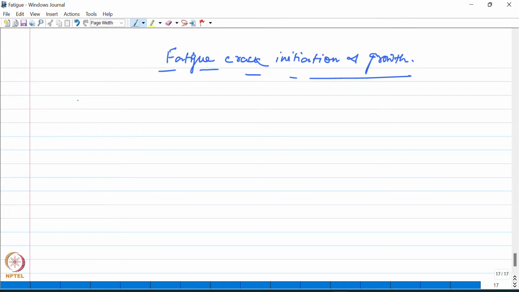The fatigue process can be divided into the following stages. First, crack initiation. Number 2, slip band crack growth.